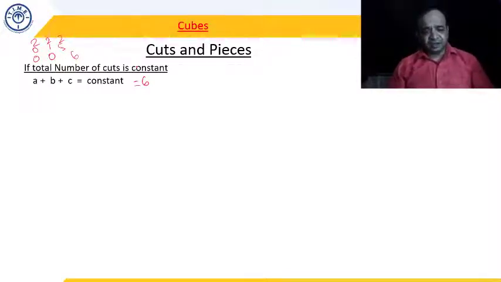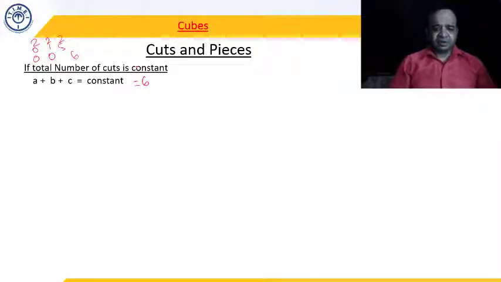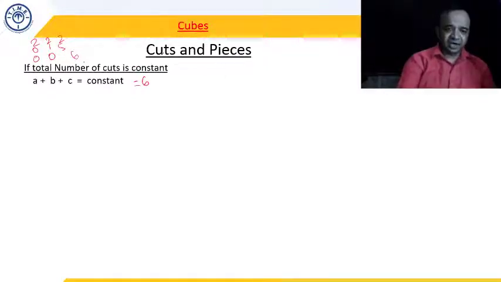So we can make one conclusion here: if the number of cuts is constant, then the number of pieces is maximum when A, B, and C, the cuts along the 3 dimensions, are as close as possible, as we had seen in the case of 2, 2.